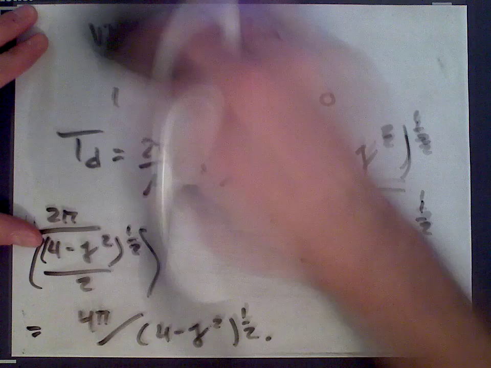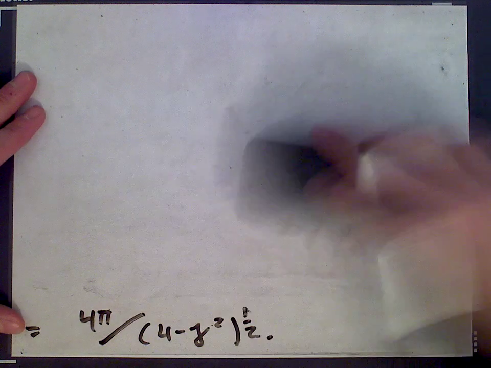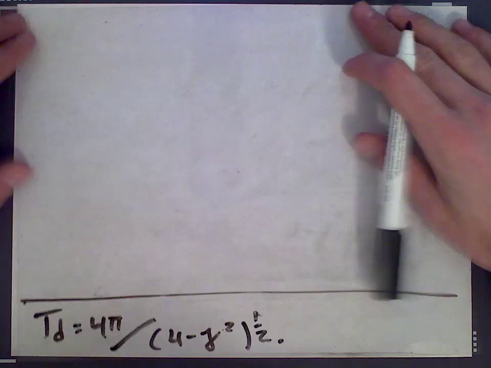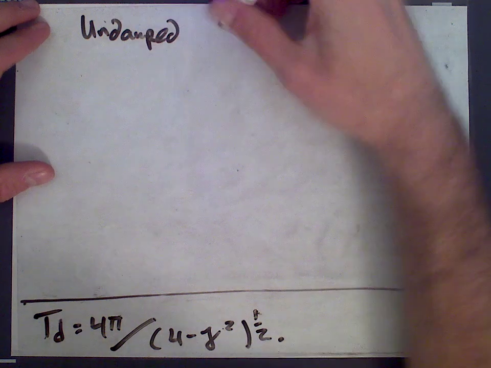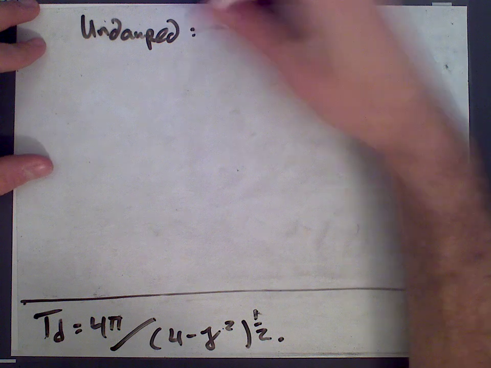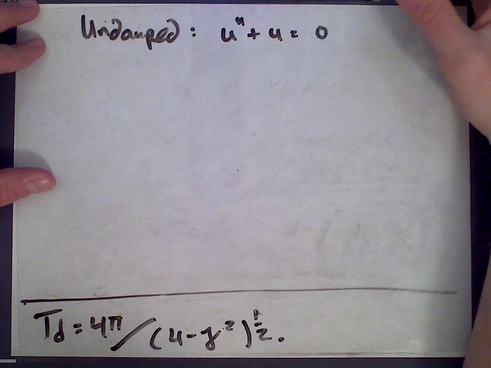So this is the quasi-period of the damped system. Now for the undamped system, we want to get its period. It is u double prime plus u is 0.